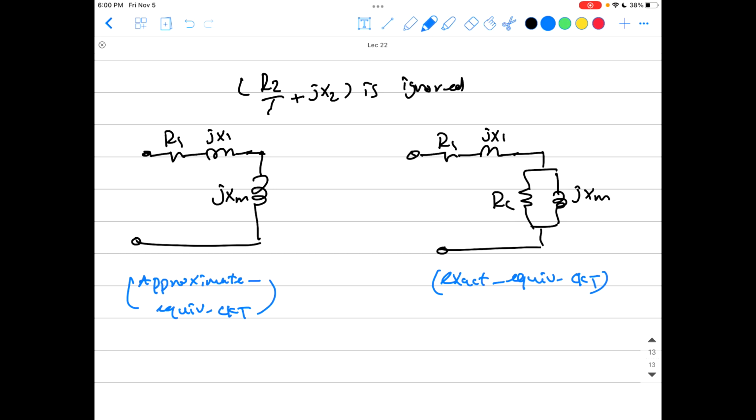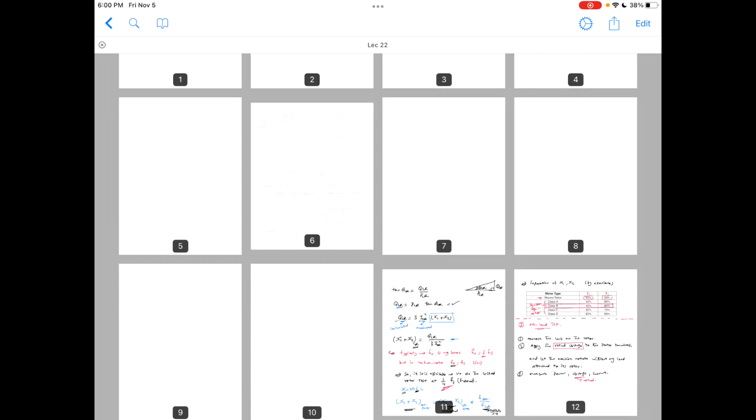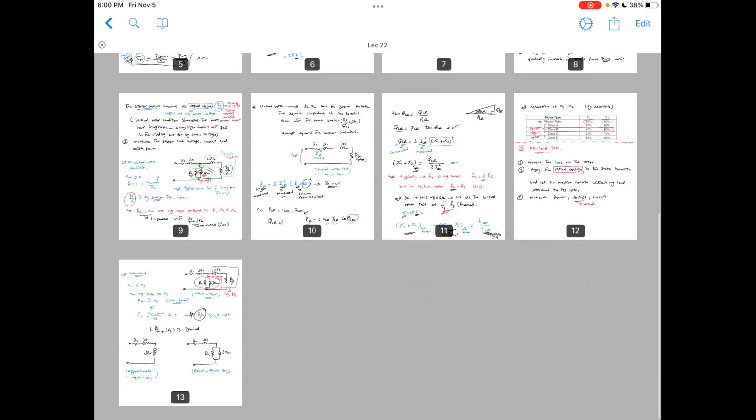But for this test, because we are now dealing with the shunt elements RC and XM, it's important to know if you're working with the exact or the approximate equivalent circuit, okay? Because either you have RC or you don't. If you're dealing with the exact equivalent circuit, you will have RC represented in the circuit. If you're dealing with the approximate equivalent circuit, that means you don't have RC in the circuit, and the core losses are just a constant loss lumped with the friction and windage losses, or the rotational losses. Okay, guys?